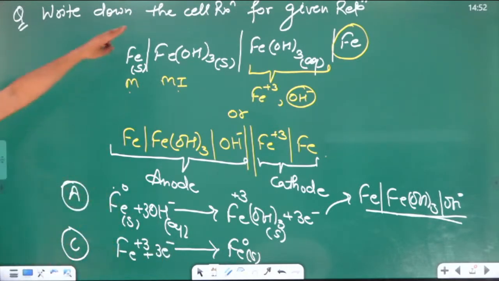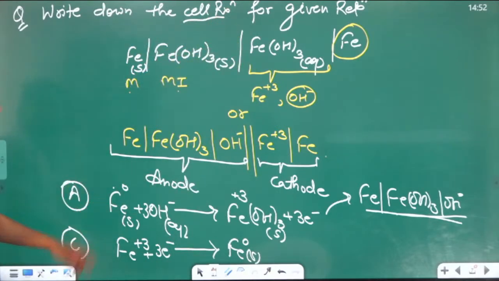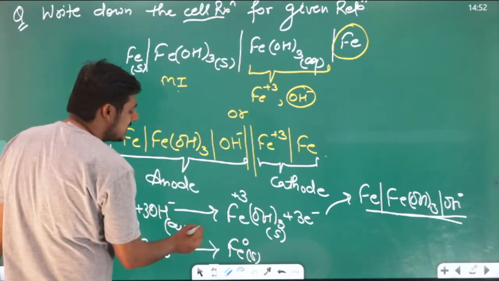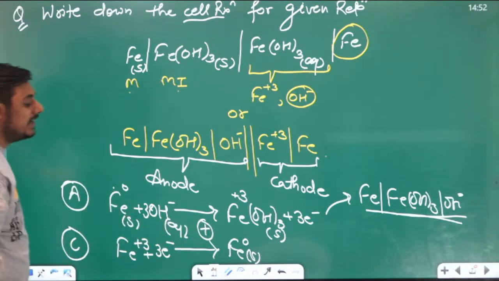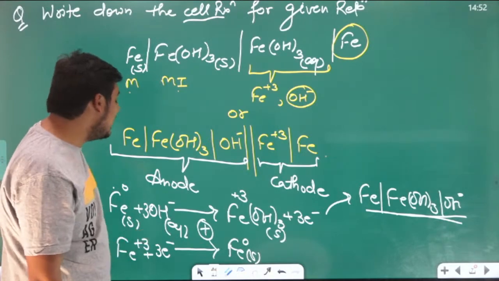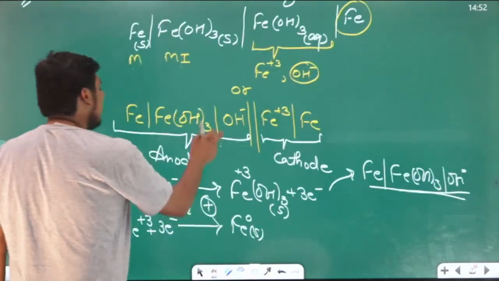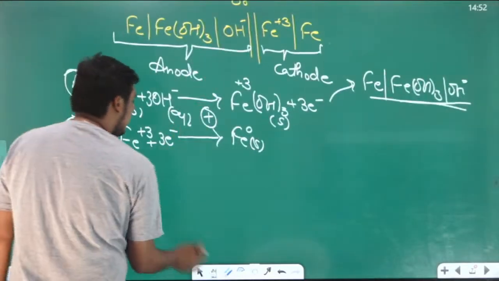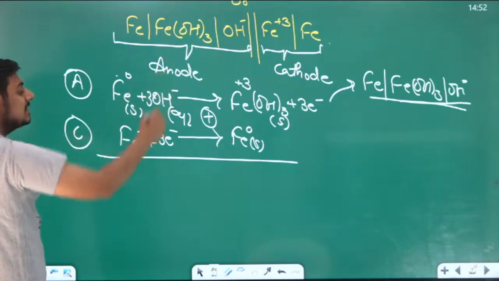I have to find the cell reaction, that is what the question demands. To write the cell reaction, only one simple last step is left: I have to add these anodic and cathodic reactions. On adding these reactions, I can easily find the overall cell reaction.